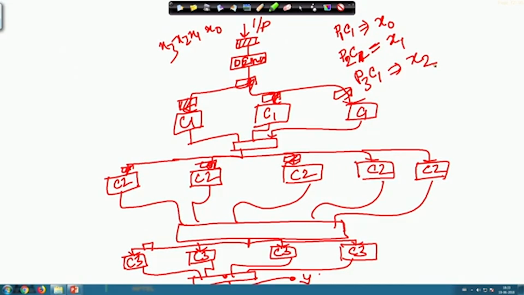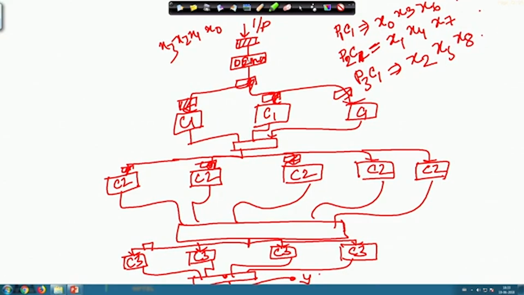Then in the next cycle again it will repeat, and x3 will come over here, x4 will come over here, x5 will come over here, then again x6 will be connected over here, x7 will be connected, x8 will be connected over here, and it will run in this fashion.